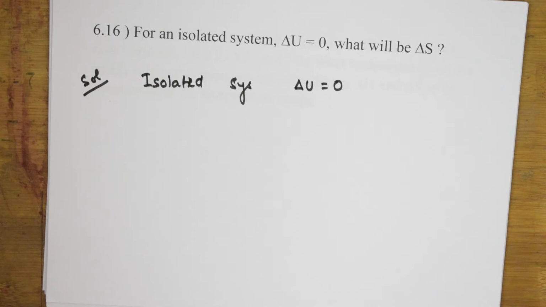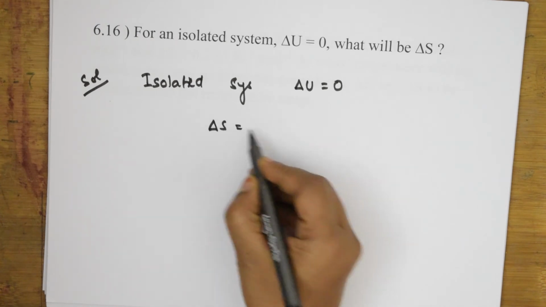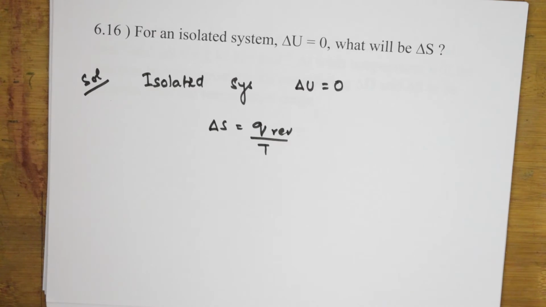Once again, we call a reaction spontaneous when the total entropy change, delta S, is positive, right? Now they asked what is delta S. We already know one relation which we have studied: delta S is equal to Q reversible by T. This is what we have studied, isn't it?